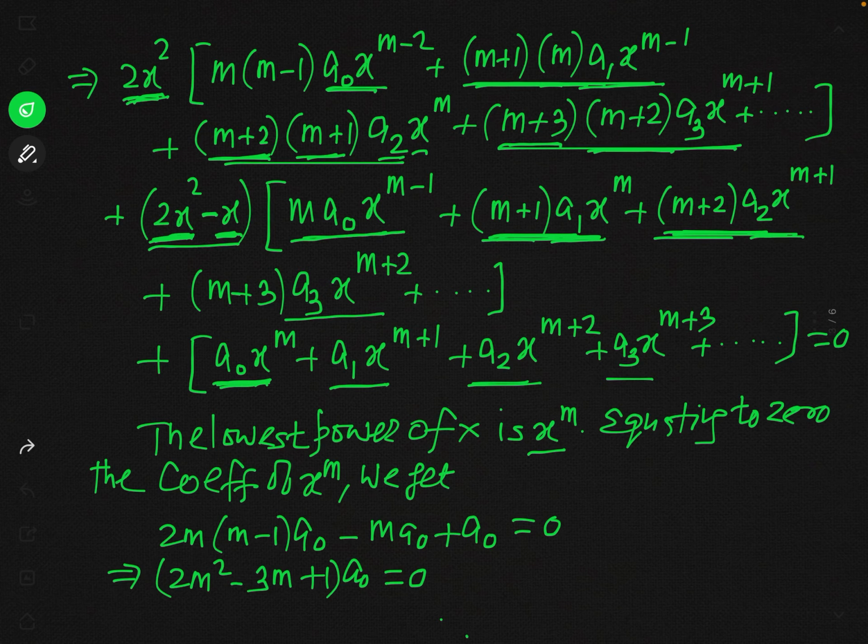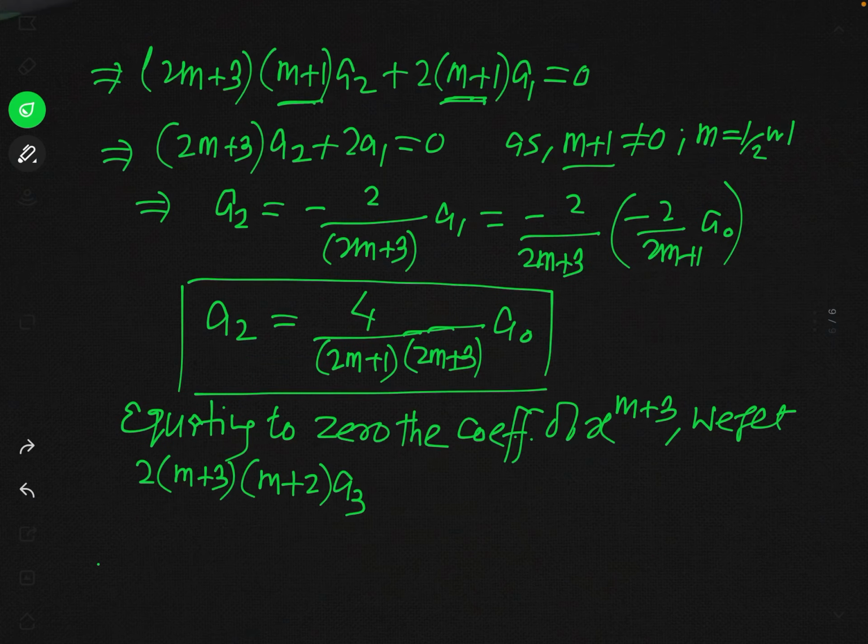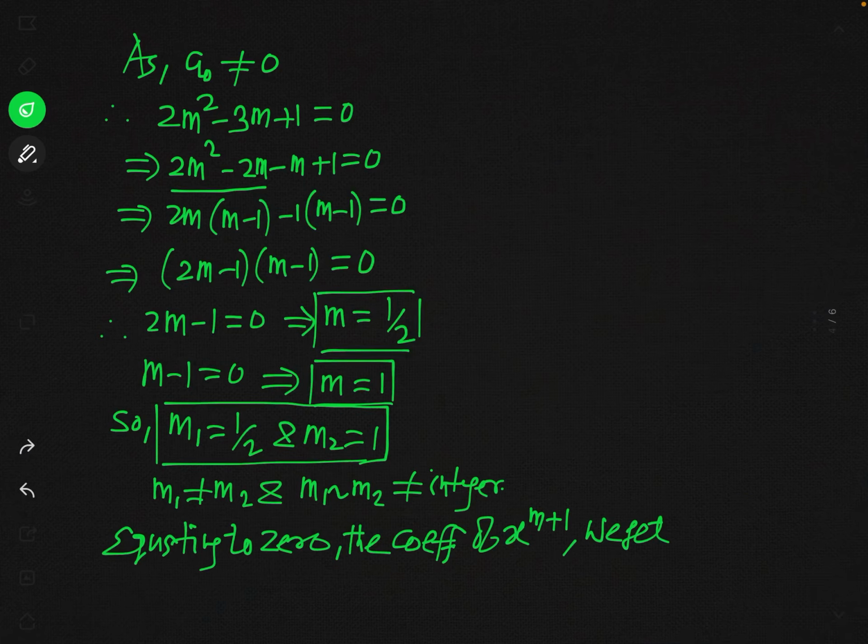So the second term will be 2 into m plus 2 into a2. So we will write it first: this second term is 2 into, as we have seen just now, m plus 2 into a2.